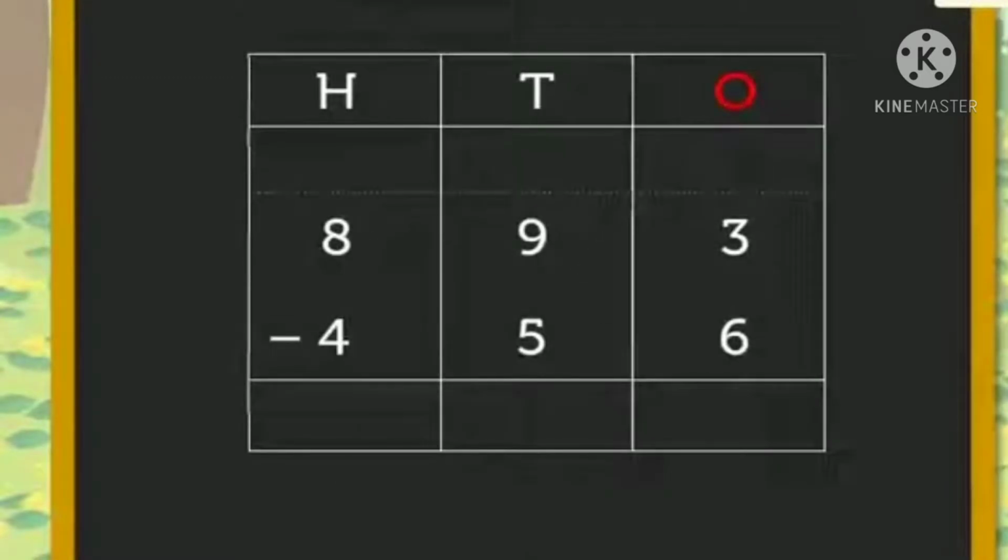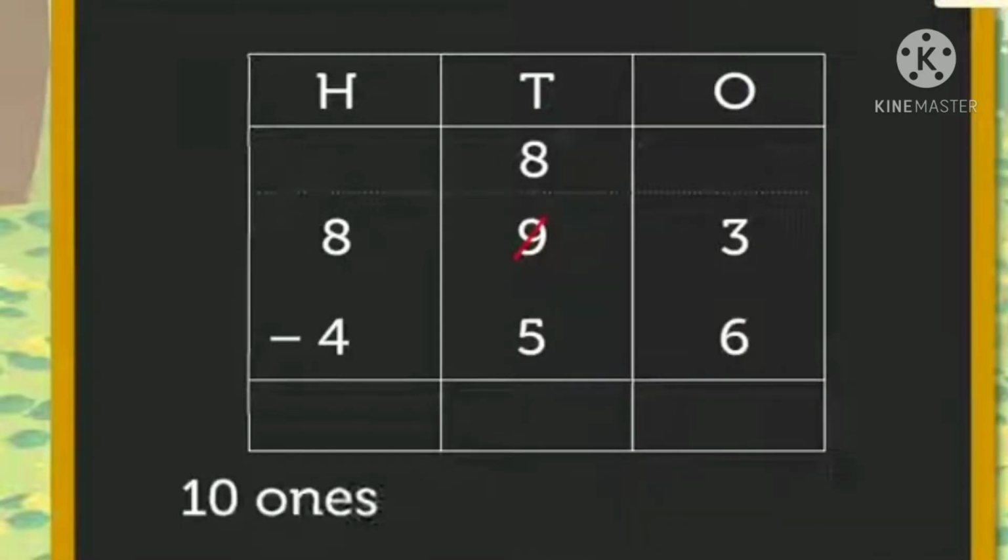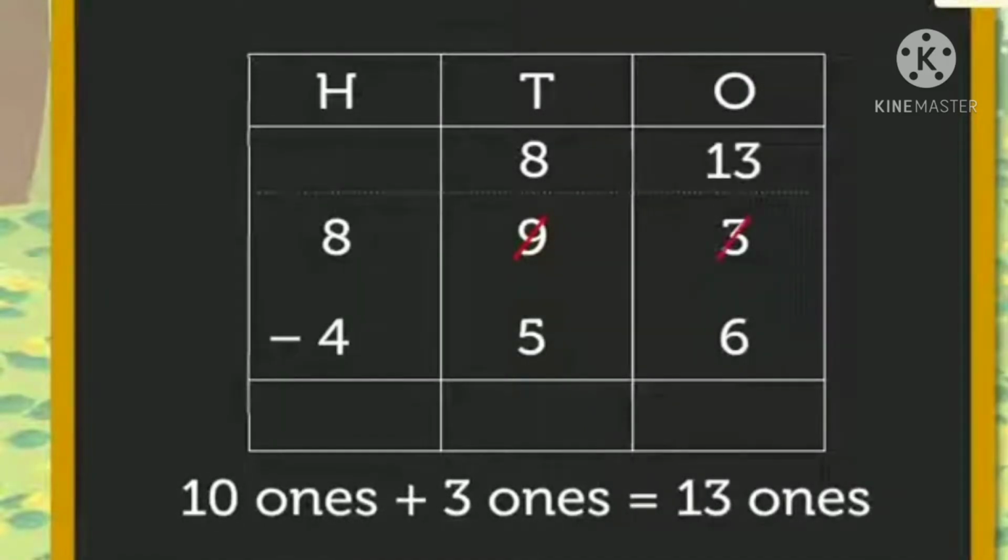Subtract the ones, that is 3 minus 6. As 3 is smaller than 6, we regroup the 9 tens as 8 tens plus 10 ones. Now we have 10 plus 3 is equal to 13 ones.